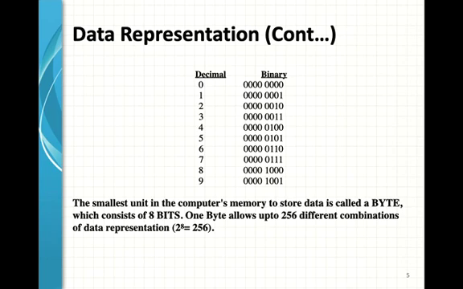Now, this is an actual flavor of representation. This decimal column is what we actually use in our regular life, decimal numbers like 0, 1, 2 and so on. And if we see the computer's representation, then the binary column on the right-hand side is the computer representation. This 0 is represented like this, some zeros.